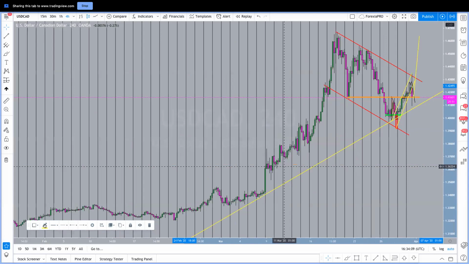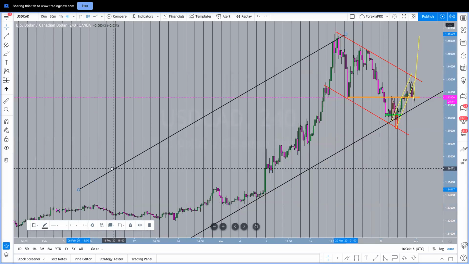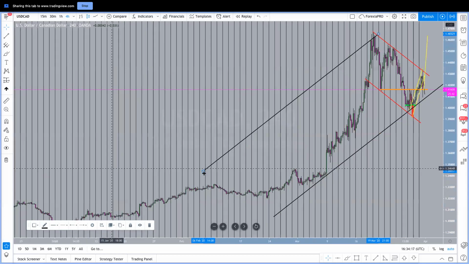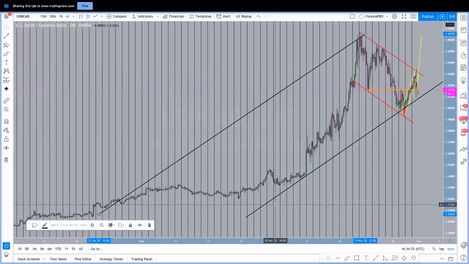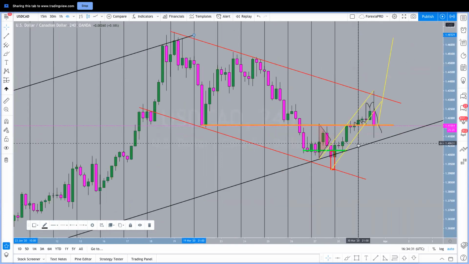Let me change this to another color and make it double. Yeah, that definitely can work. Yeah, we will see. It really depends on the consolidation that's going to happen now.